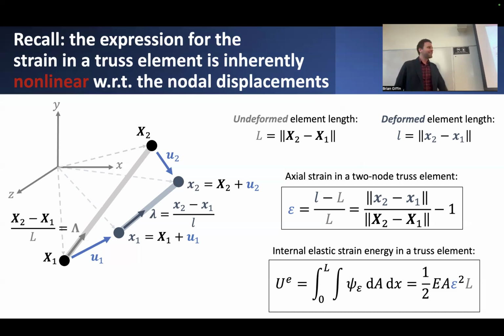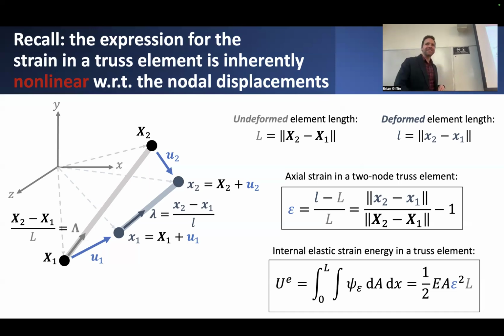At the time, we said, let's just linearize this expression to come up with some linearized relationship between strain and displacement. And that worked when we assumed that the orientation of this member isn't going to change significantly.